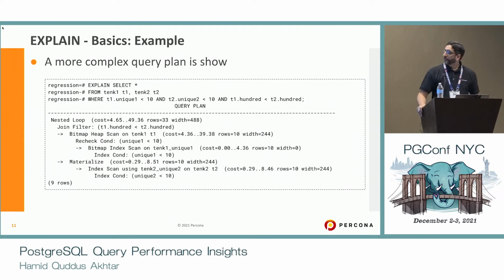Here is a more complex plan with a few joins, a few filter statements, and a few other things. A plan has certain rows, for example, bitmap index scan and index scans.